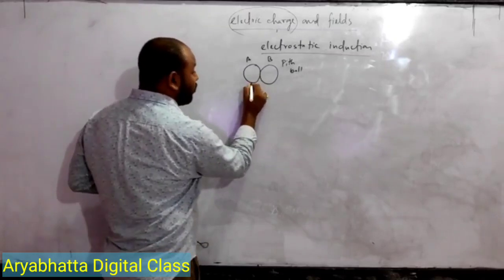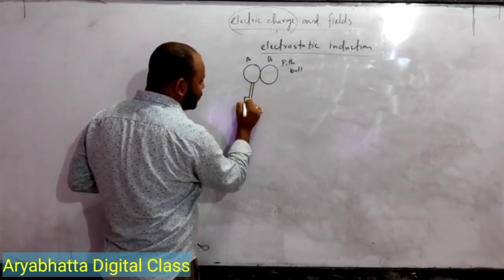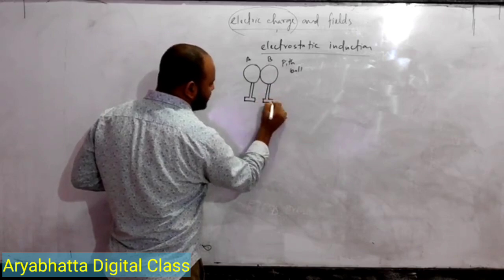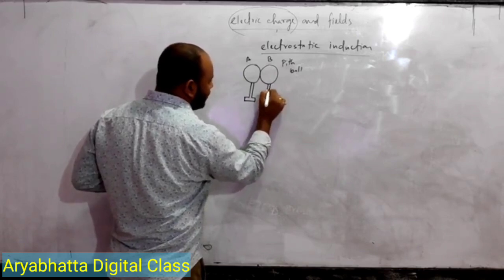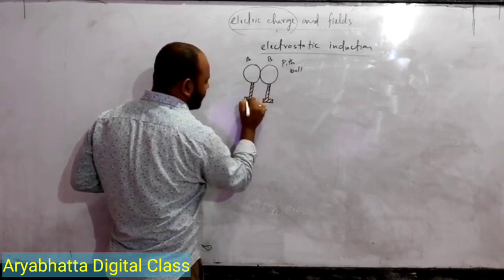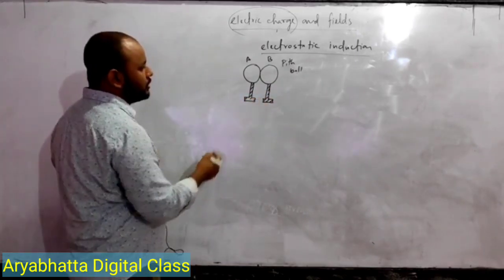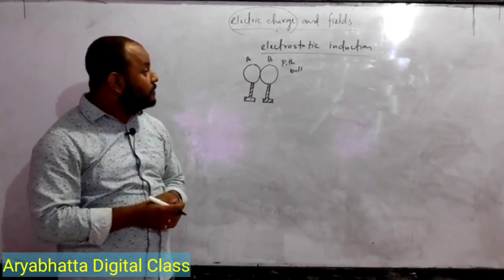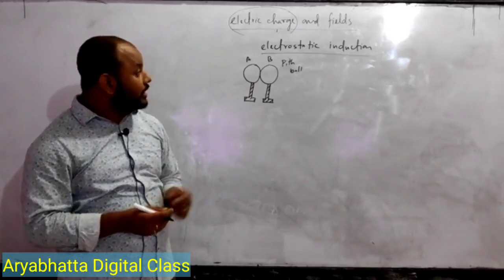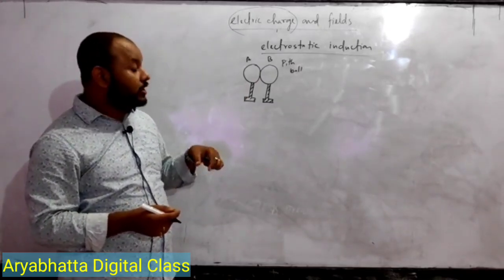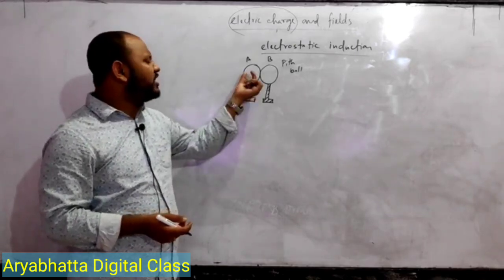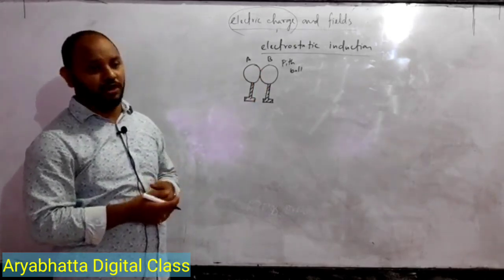The two pith balls are standing on an insulator like this. In a conducting ball, the total protons are equal to total electrons. That means electrically both the balls are neutral.